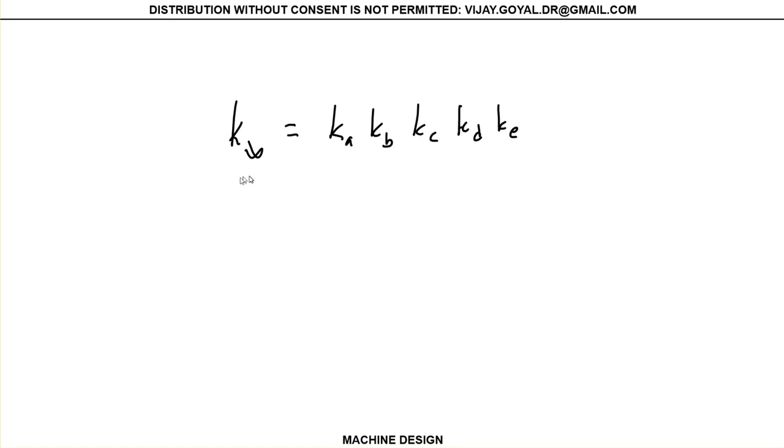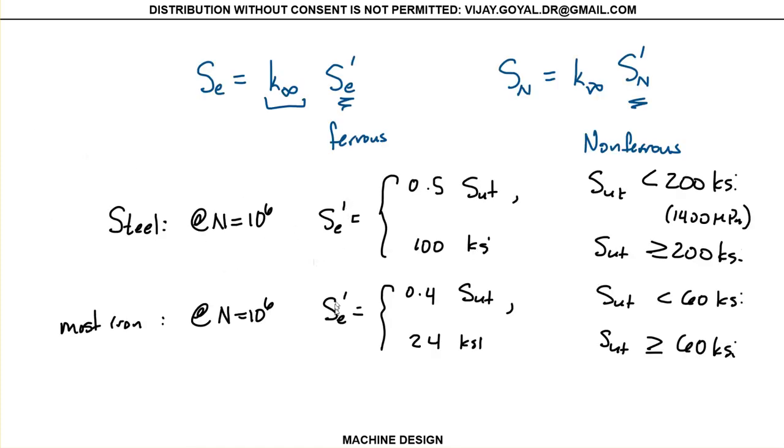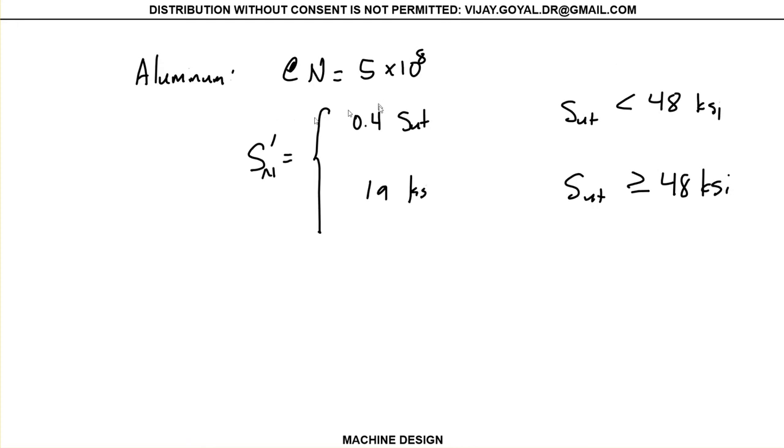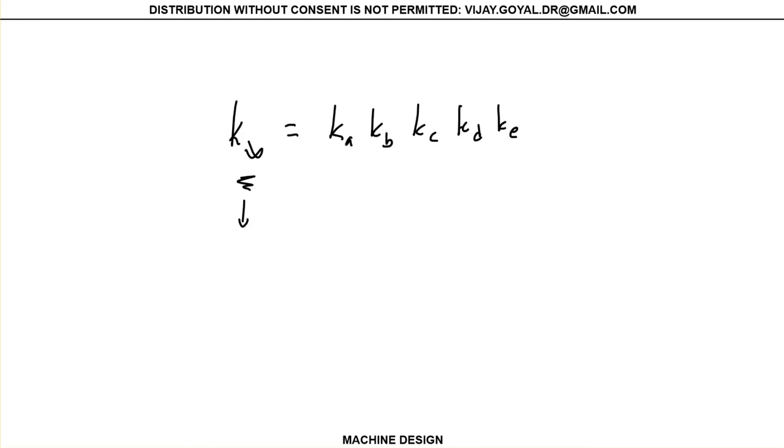So once you have that factor, then we have our SC prime, or we have our SN prime. Then you will go ahead and say, okay, now I can calculate my SN, equal to K infinite multiplied by SN prime, or SE equal to K infinite times SE prime, okay?